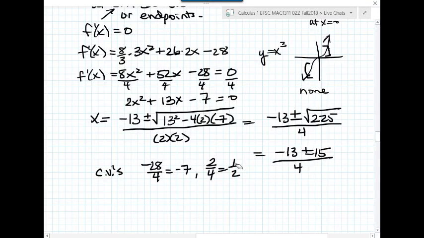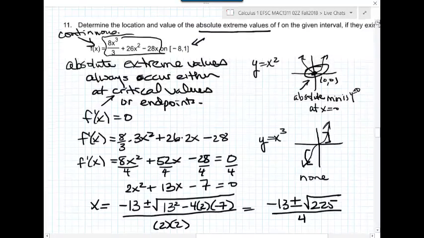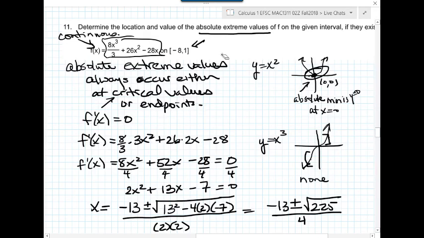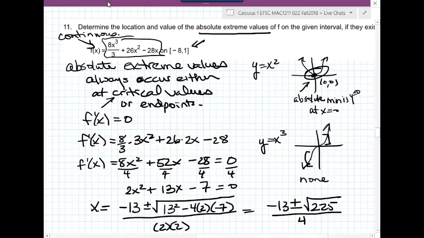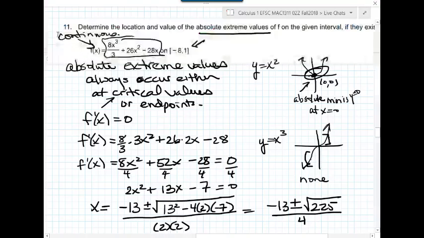Much better. So this should have been negative 13 plus or minus the square root of 225 over 4. The square root of 225 is 15.